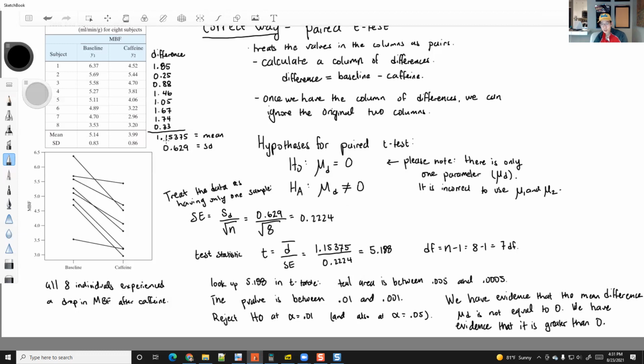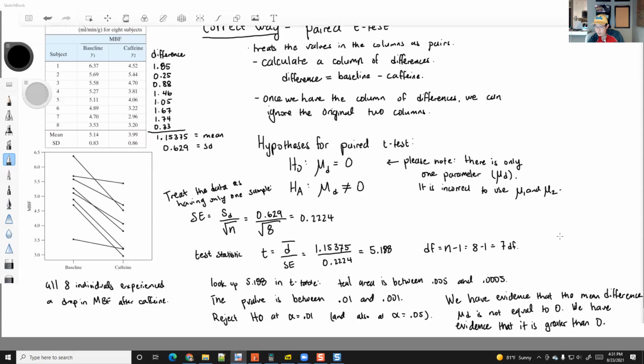It's positive, indicating that the usage of caffeine results in a drop in myocardial blood flow, based on these 8 subjects. And it was consistent across all 8 subjects, and therefore we're comfortable generalizing to the population.